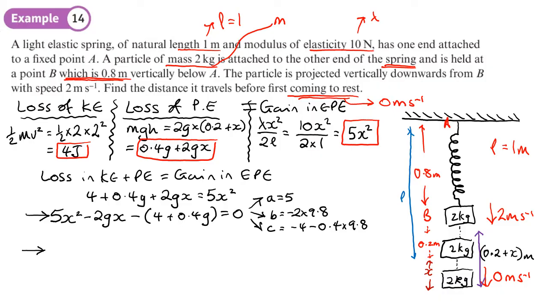We can actually just type in the calculation, it will work out for us, and then negative 4 minus 0.4 times 9.8, which is negative 7.92, and it will tell us that we will get x equal to 4.28929, then the other value of x is negative 0.36929, like that.